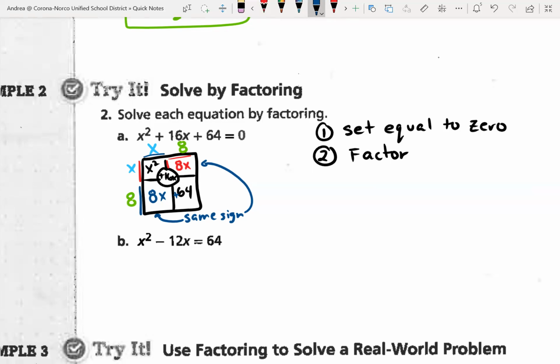Okay, so if 8 plus 8, does that give me positive 16? Yes, okay. So this is positive, this 8 is positive. If this 8 is positive, this 8 is positive. So my factors are x plus 8 times x plus 8, and it equals 0.